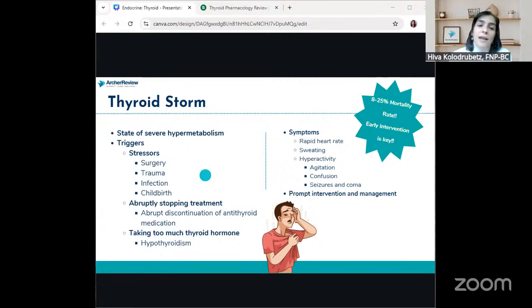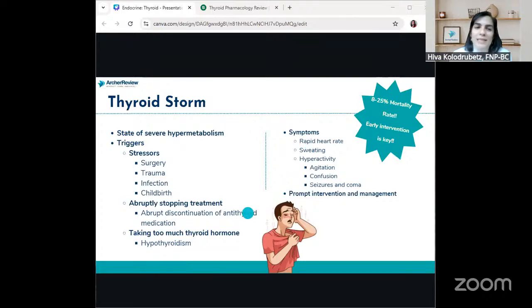That stress can come in the form of maybe a recent surgery, a trauma, infection, childbirth, but that can really trigger this hyperadrenergic state. And what ends up happening is patients come in really sick. They could be febrile, tachycardic, sweating, and this is really an emergency. We need to make sure we intervene early to make sure we help that patient and lower that mortality rate, right? So prompt intervention is really important.